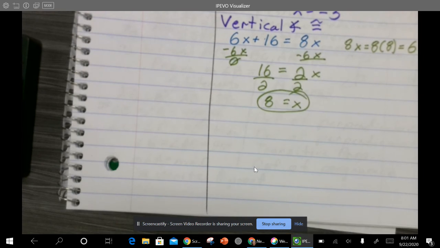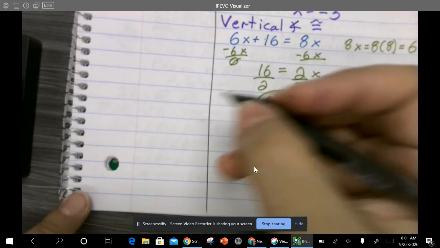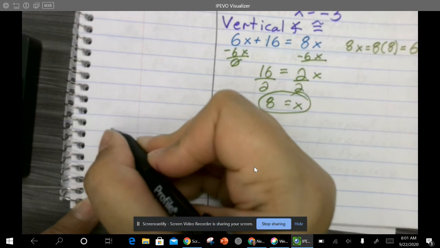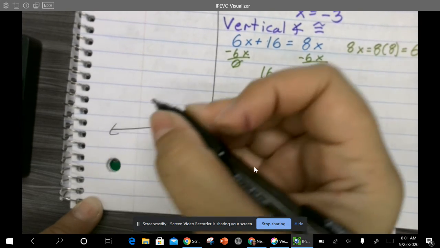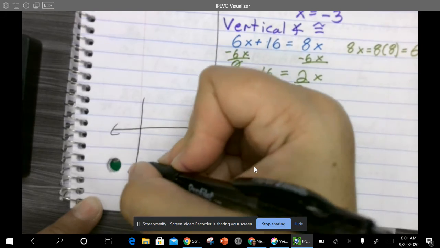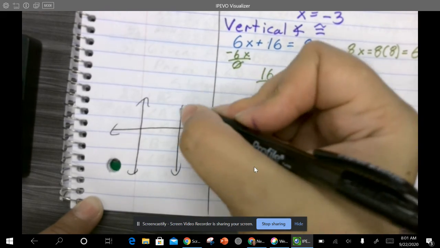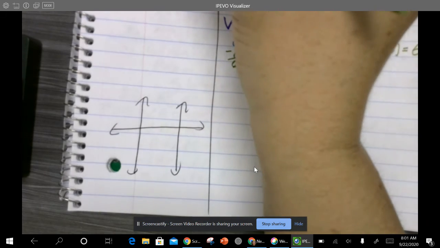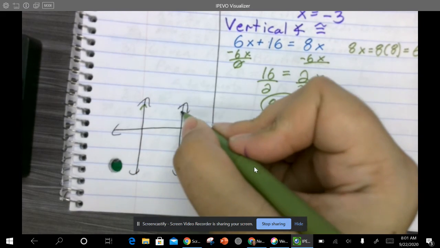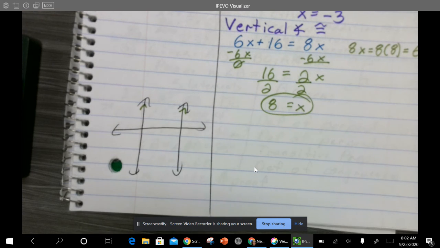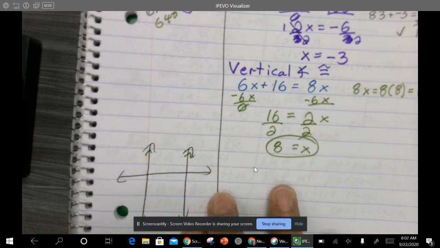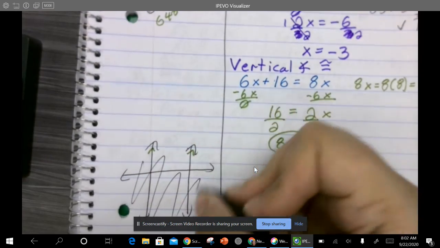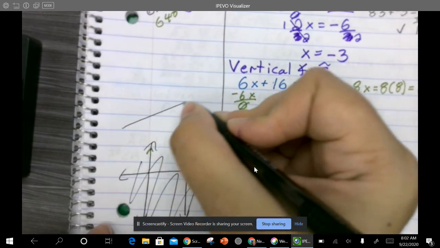Okay, so let's do this one. So we're going to draw our parallel lines. Okay, and we have, don't let that drawing fool you, everybody, it should be slanted.